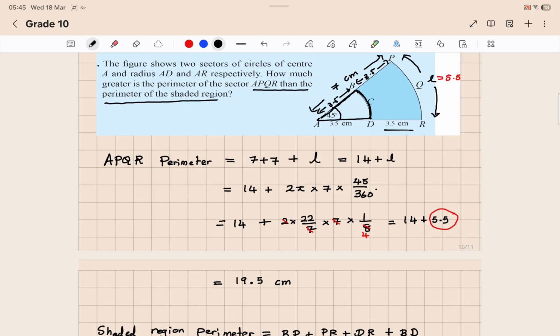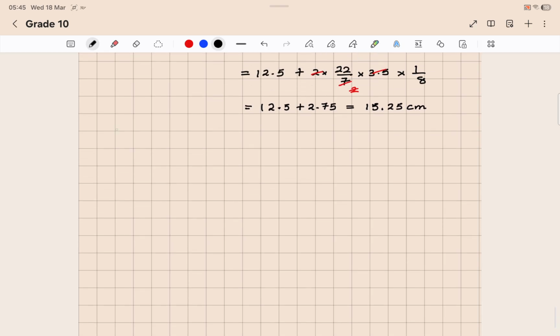APQR region perimeter is 19.5. What are they asking? How much greater is the perimeter of the sector APQR than the perimeter of the shaded region? So APQR perimeter minus shaded region perimeter.